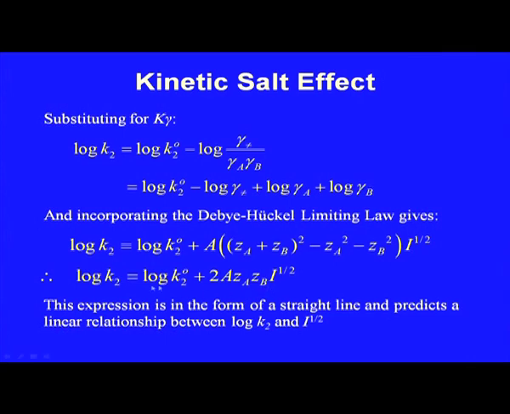Since it is in plus sign, ZA times ZB, if these two are of the same sign, then it will be positive. So if your reacting ions are both positive, or both negative, the rate constant will be increased as you increase the ionic strength of the medium, that is, the average electric field experienced by ions due to the presence of other ions in solution.